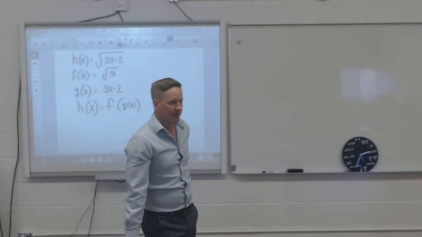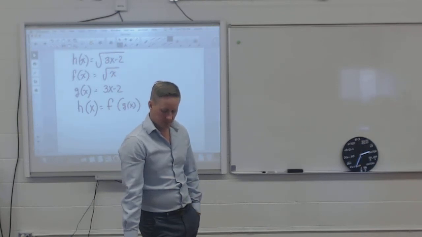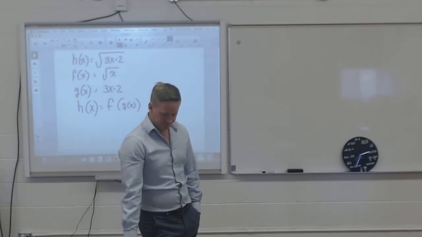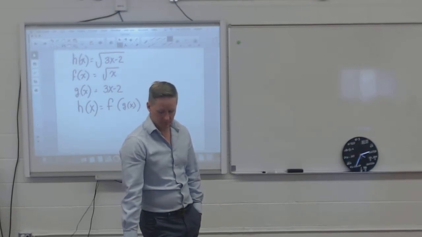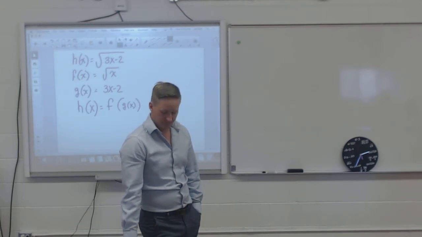Take a look at B. Give me the 2 equations in B. What can f of x equal? It's x squared plus 3x plus 4, and x minus 4.